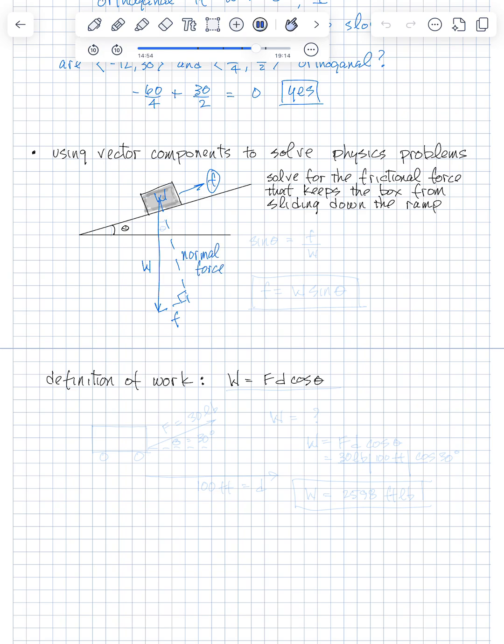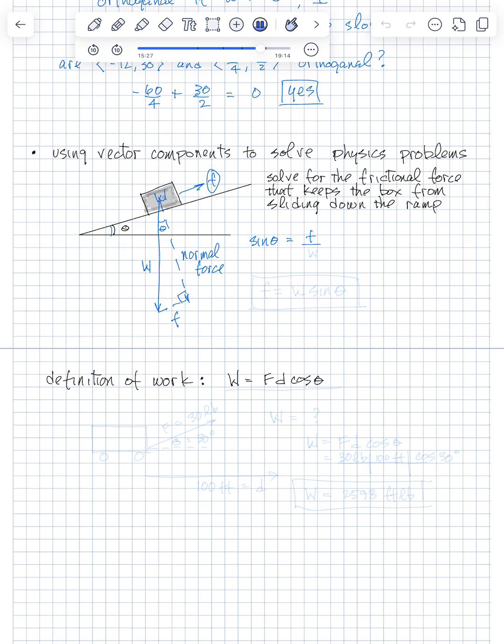And forces are vectors, just like velocities and accelerations. And so we know that from similar triangles, this angle theta here is the same as right here. So this is angle theta as well. And so if we look at the sine of theta, it's equal to opposite over hypotenuse. Opposite is the frictional force.